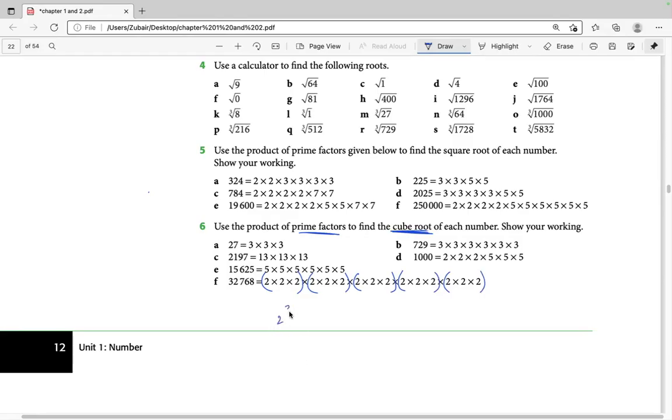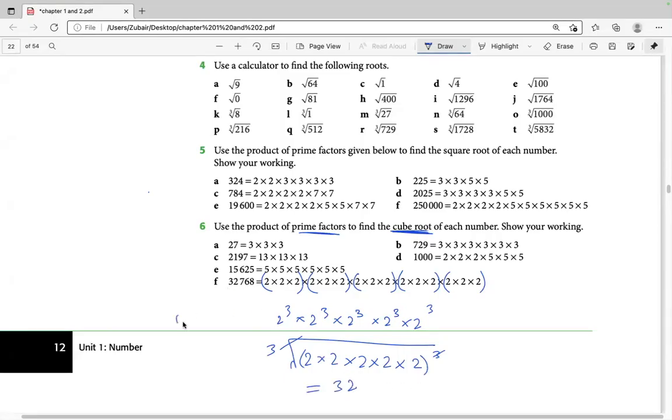So I have 2 cube, and 3 is there 5 times, so that is basically 1, 2, 3, 4, and 5. Cube root of this: 2 times is 4, 2 times 8, 2 times 16, 2 times is 32.